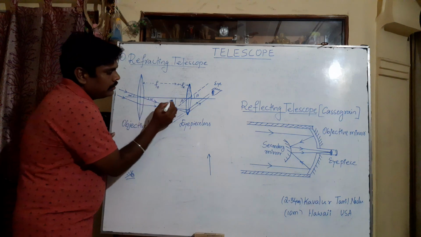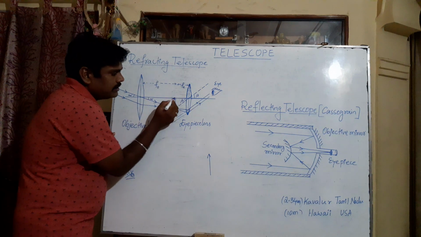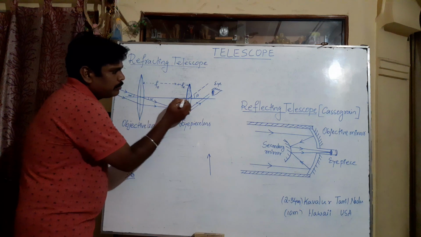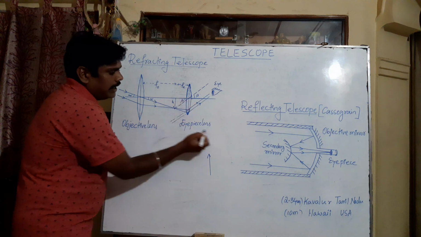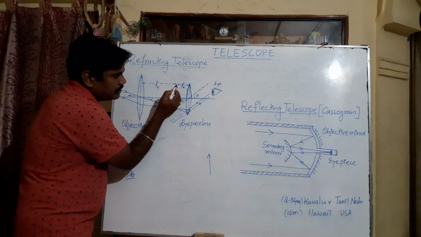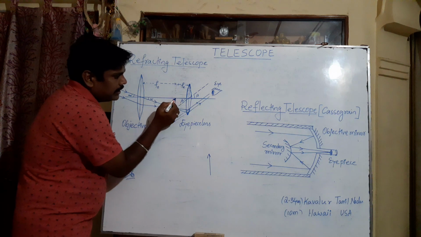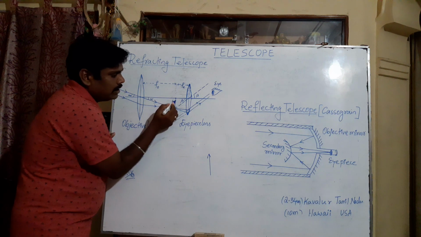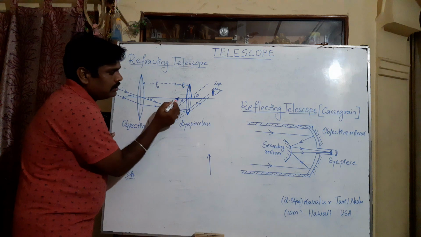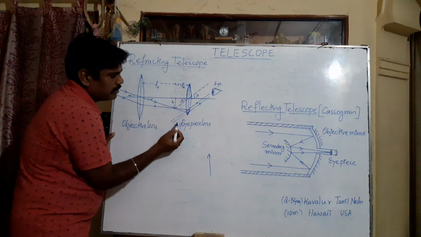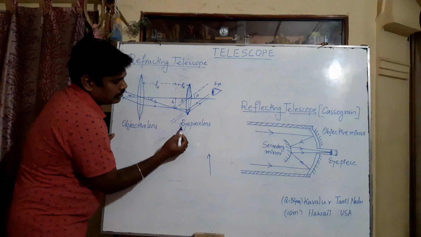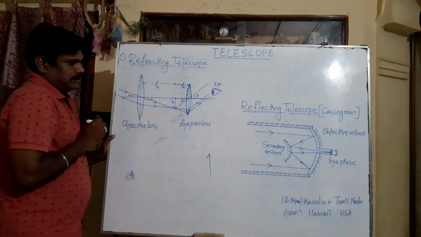Now, we can position this such that the image is formed exactly at the principal focus of the eye lens. Exactly, the real image is obtained at the principal focus of the eyepiece or eye lens we consider.